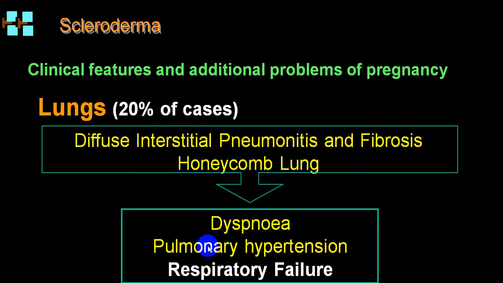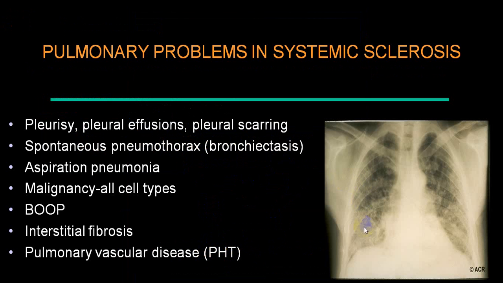Lung can be involved. You can have an involvement of the basal part of the lung. We call it a diffuse interstitial pneumonitis and fibrosis, mainly basilar pulmonary fibrosis, which is more common, and that can end up with pulmonary hypertension, pneumothorax, spontaneous pneumothorax, maybe pleural effusion, pleurisy, bronchiectasis, aspiration pneumonia, and very rarely malignancy.